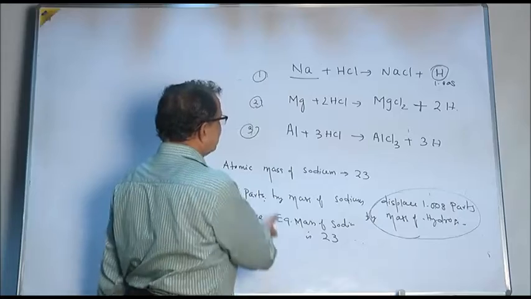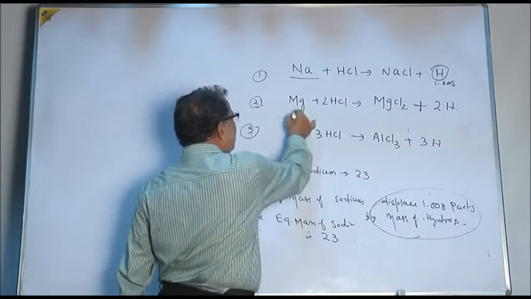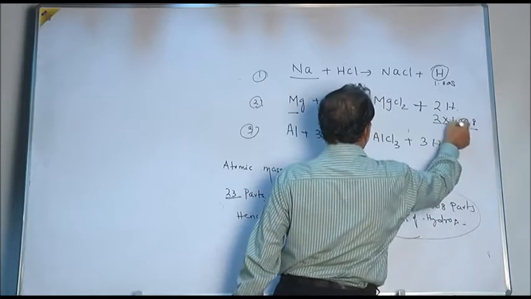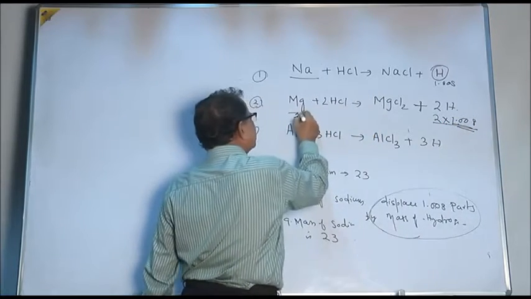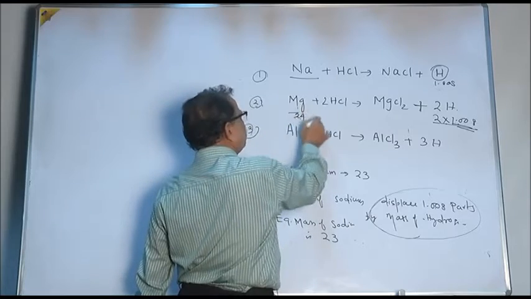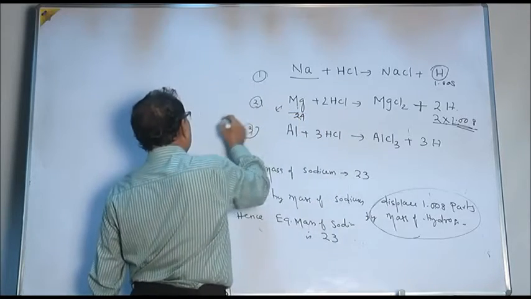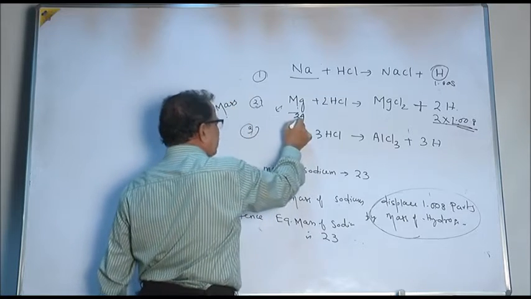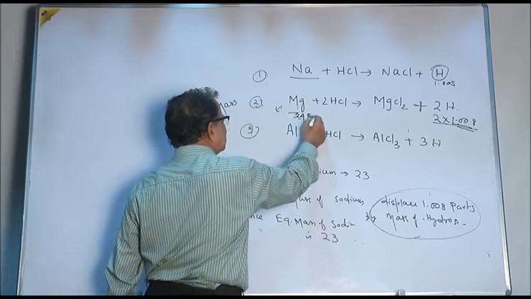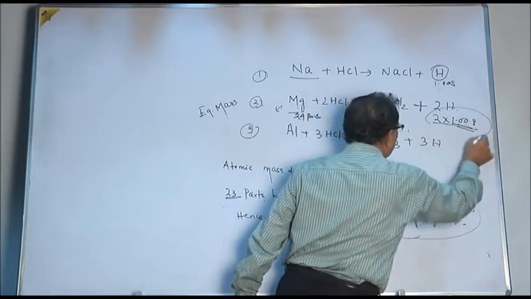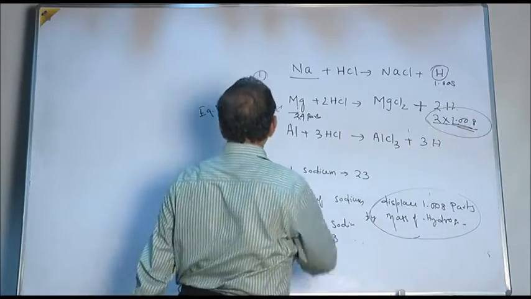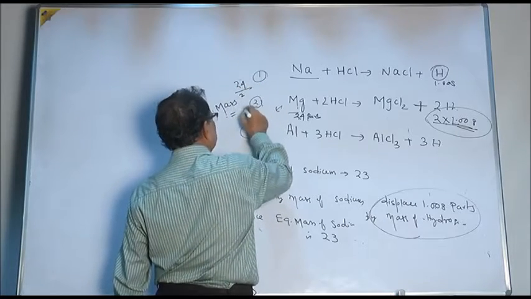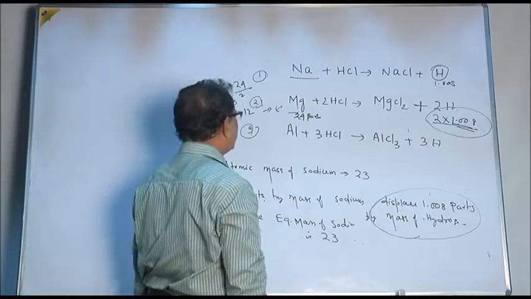Because magnesium displaces 2 times 1.008, with atomic mass 24, the equivalent mass of magnesium will be 24 by 2, that is 12. The magnesium equivalent mass is 12.